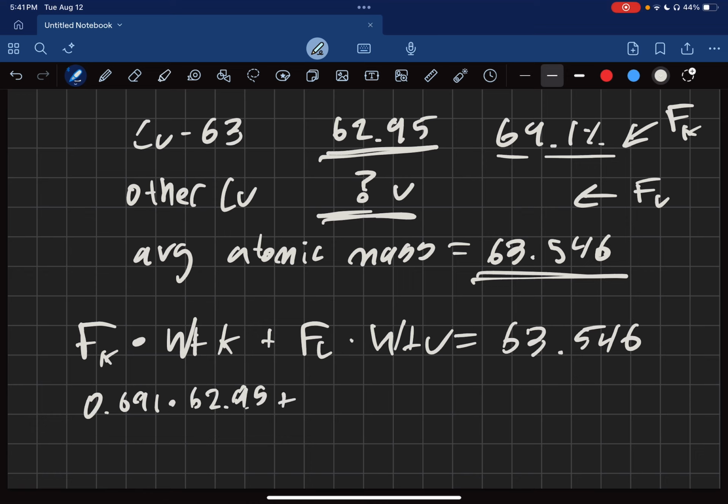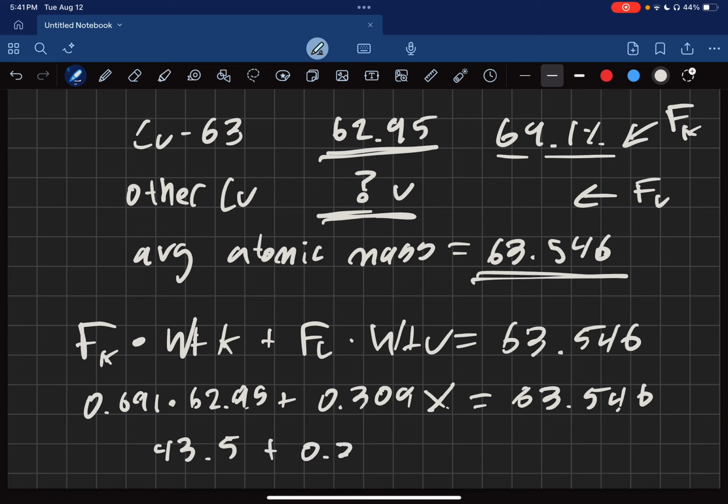FU, we just figured out, was 0.309, and weight U is what we don't know, so let's call that X, equals 63.546. Now we just have to solve. So 0.691 times 62.95 is equal to 43.5. That plus 0.309x equals 63.546.